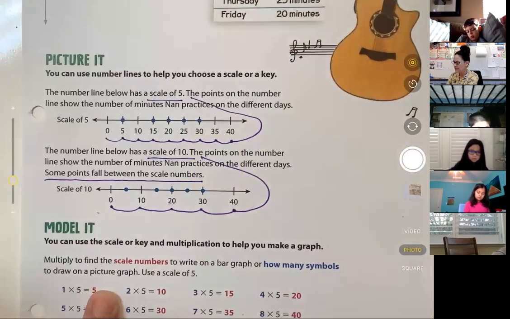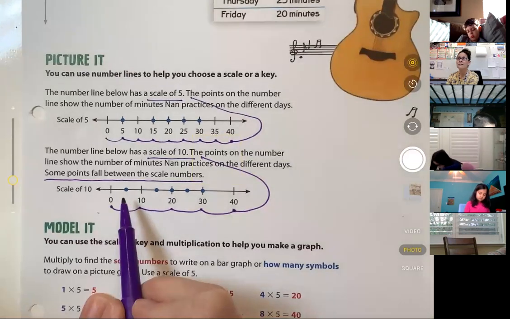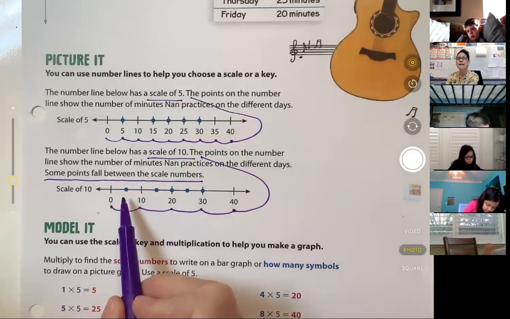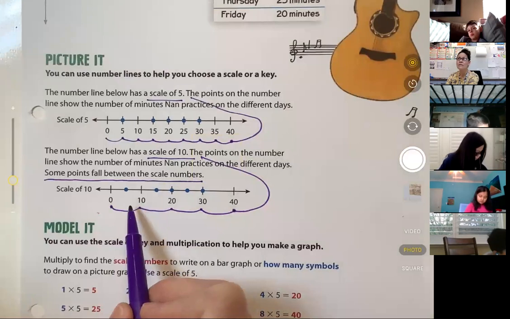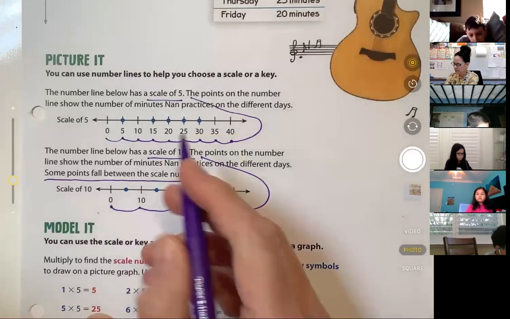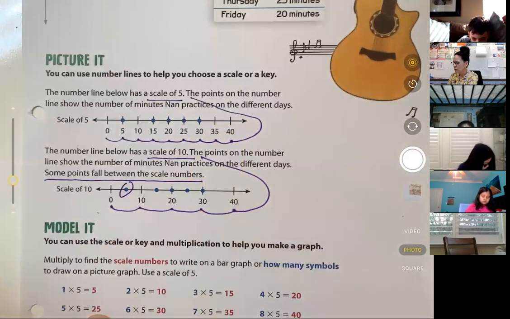However, for example, when we look at Monday, Nan only practiced 5 minutes. And we know that that 5 is between 0 and 10. Even though the number 5 doesn't show, we know that it falls in between. We know on Wednesday, for example, she practiced 15 minutes.